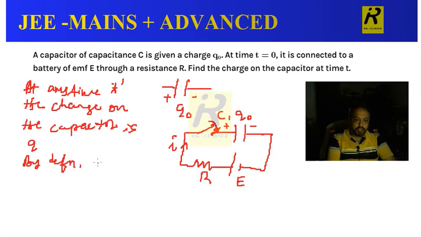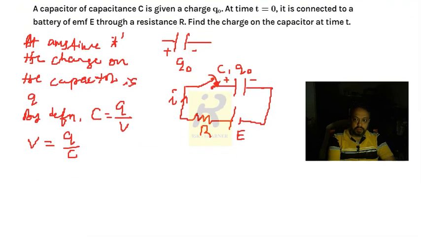Capacitance is equal to charge divided by the voltage. But how much is V? V is nothing but Q divided by C, right.